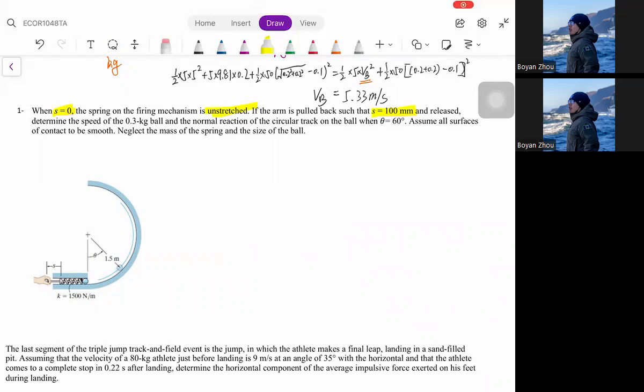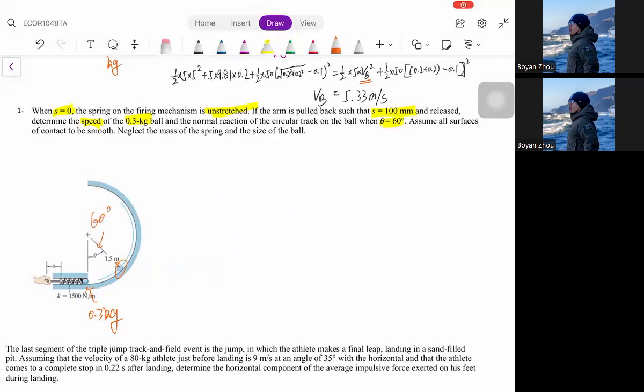The mass of the ball is 0.3 kilogram. We're going to calculate the speed of this ball when it reaches this location, when theta is equal to 60 degree.